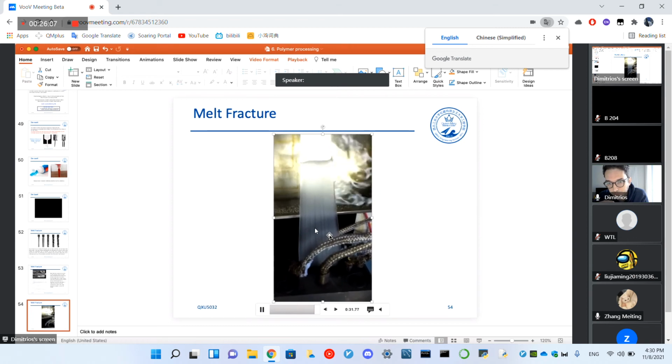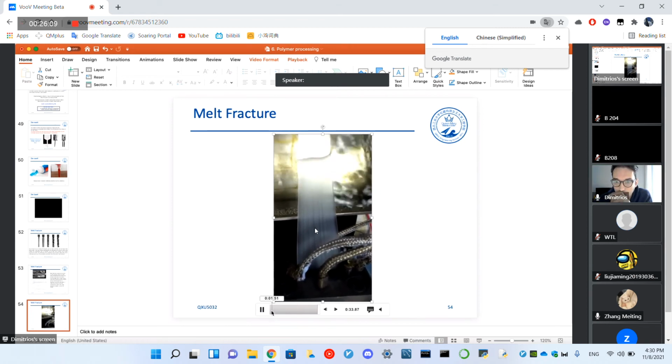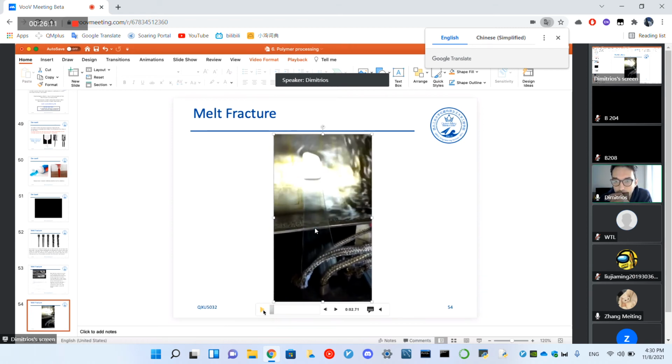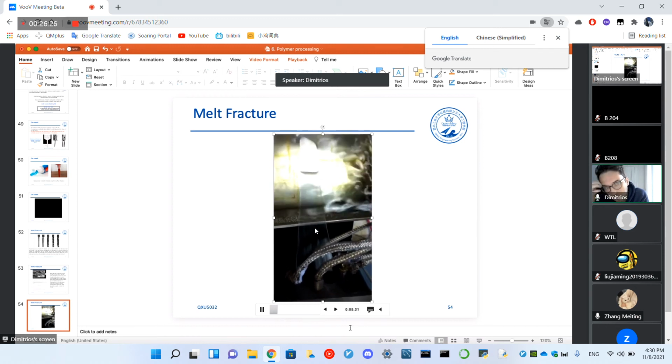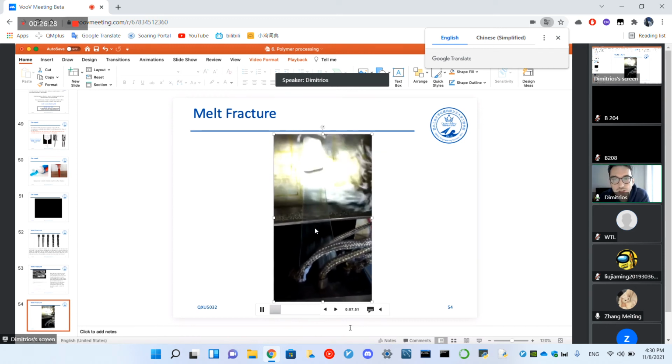And compare it with the beginning where it was almost opaque. But because we're extruding too fast, okay, internal stress is developed and melt fracture takes place. And you can see that because of the melt fracture, we have an irregular surface and irregular characteristics of our polymer.